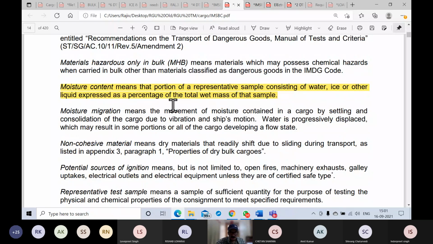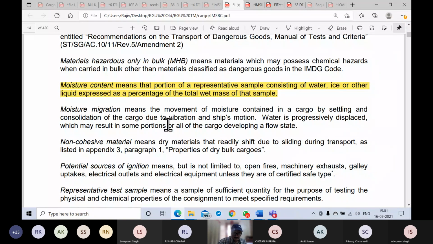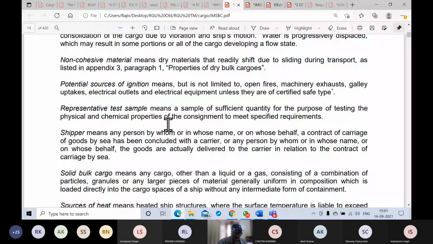I hope you are making a small note for this. Highlighted definitions. These are figured off and on in the examinations, and you must be aware. Again and again we will come across this term, so it is good to know this.